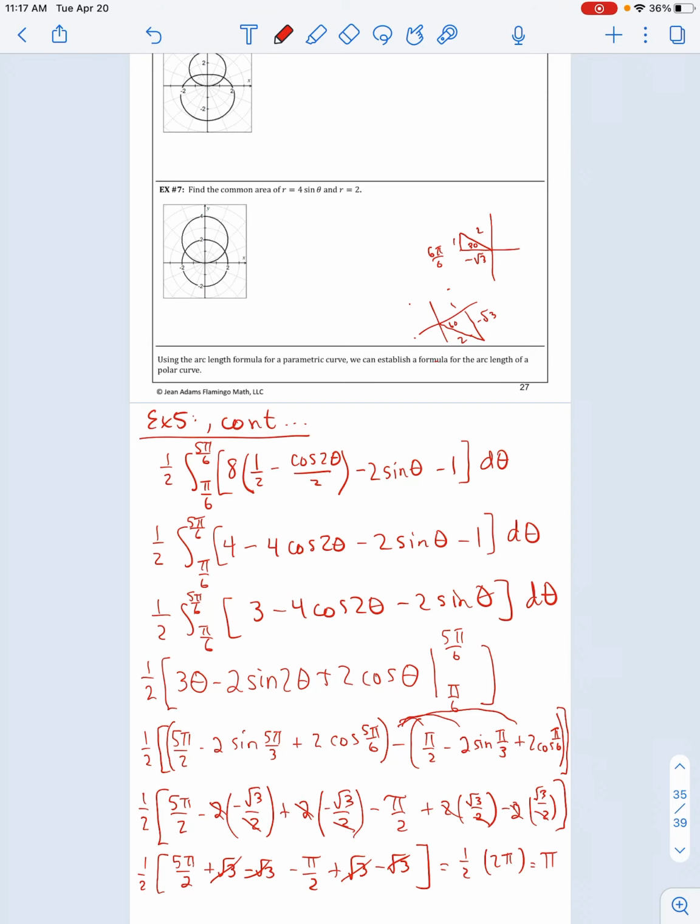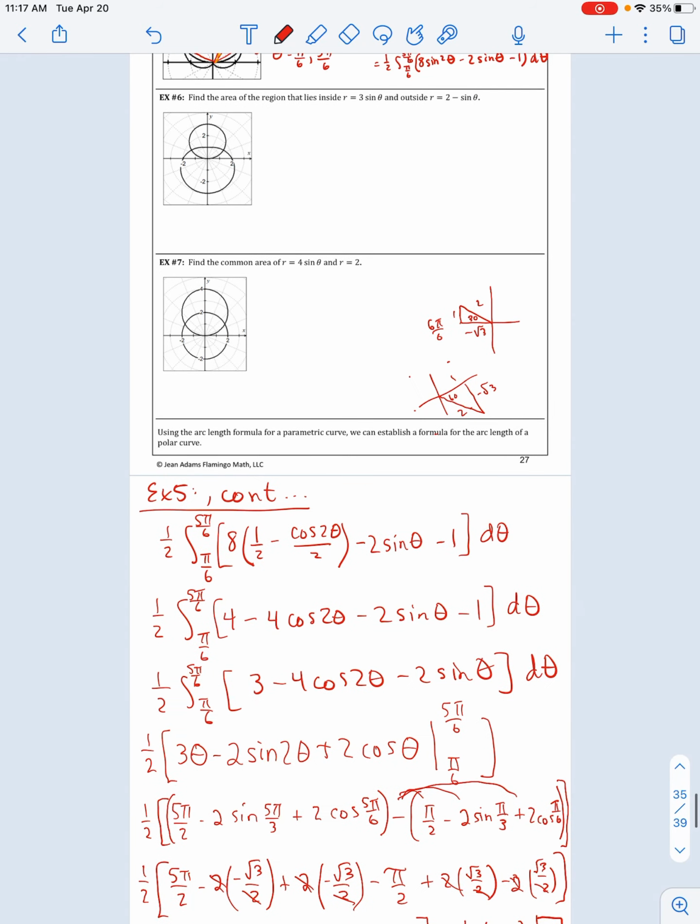And 4 pi over 2 is 2 pi. So the 2's cancel, and I get pi units squared. That is the area that is inside the circle, outside the cardioid, okay?